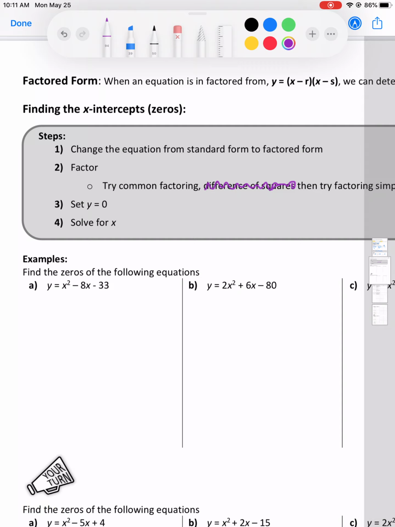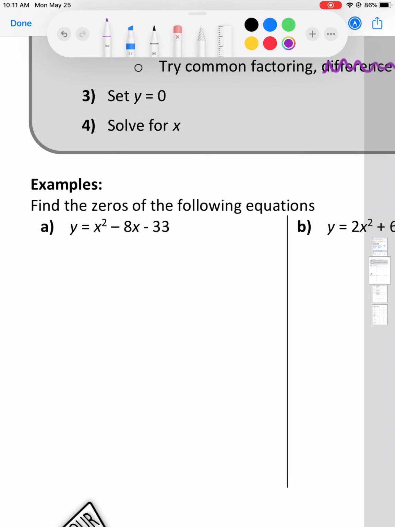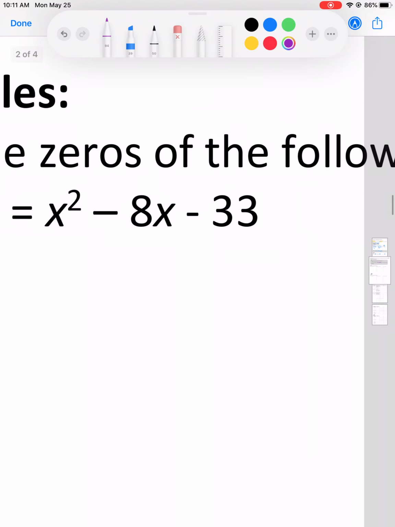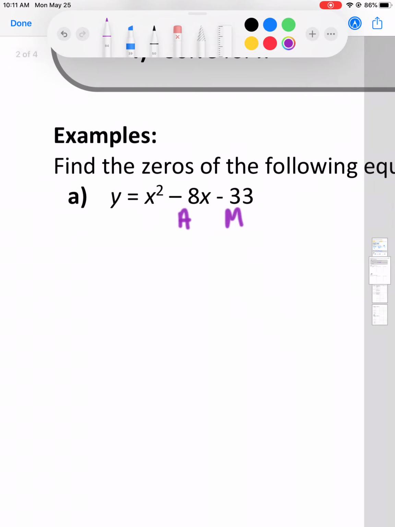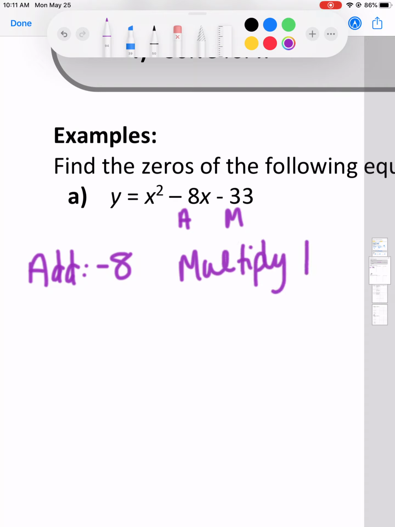So find the zeros for the equations. So we're going to factor this. So remember, it's two numbers that add to this and multiply to this. Okay? So that add to -8 and multiply to, actually I'll just do -33.